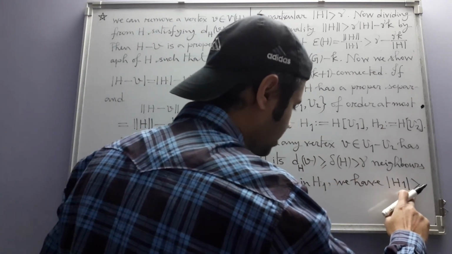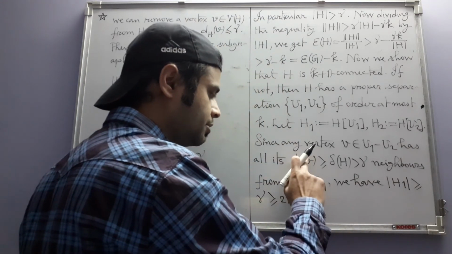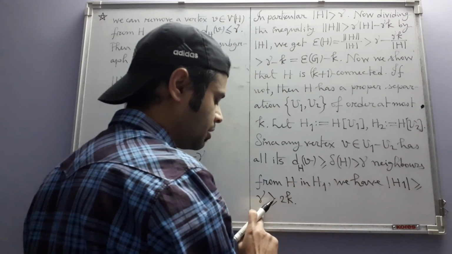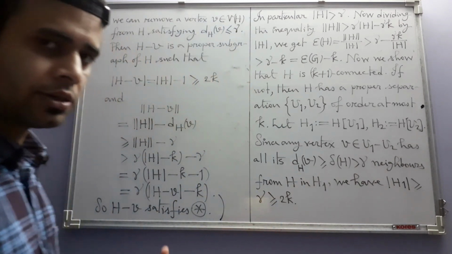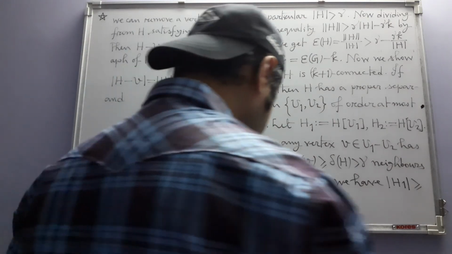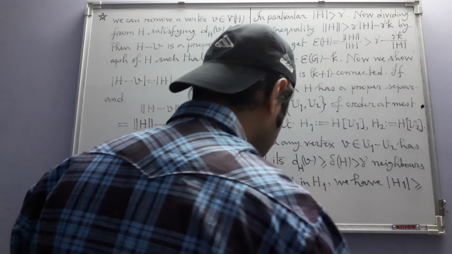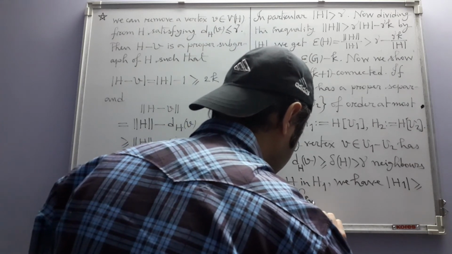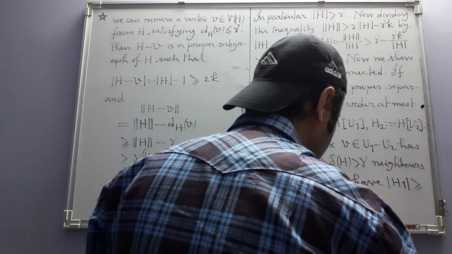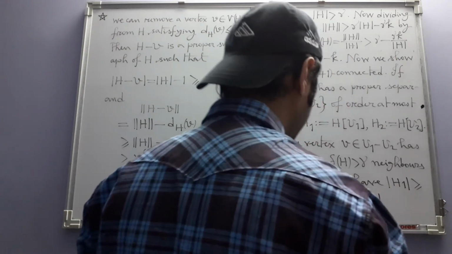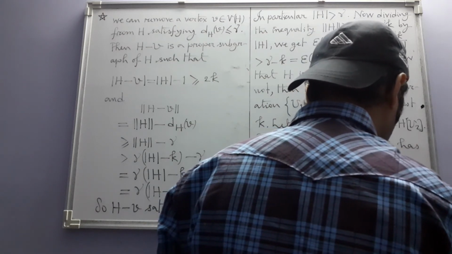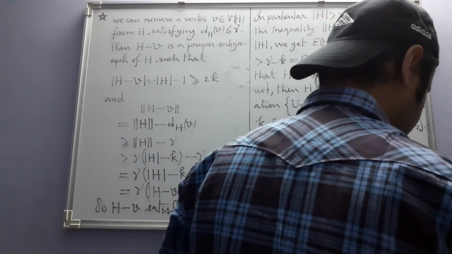So the order of H1 is at least this many, and that is greater than gamma, and gamma itself is greater than or equal to 2k, which is coming from the beginning itself. Similarly, the order of H2 is also greater than or equal to 2k.